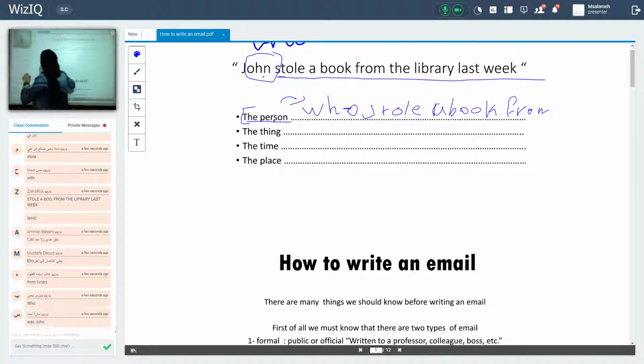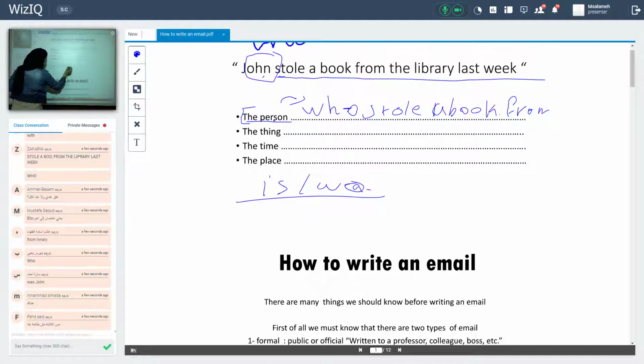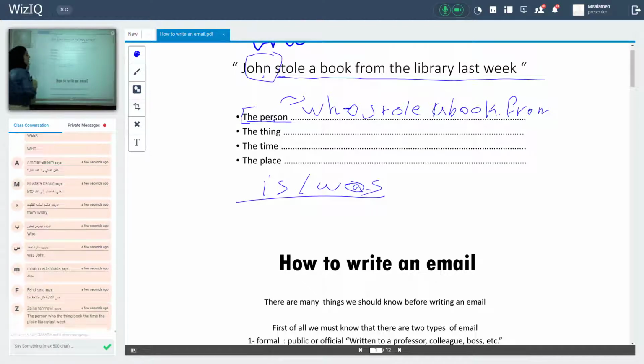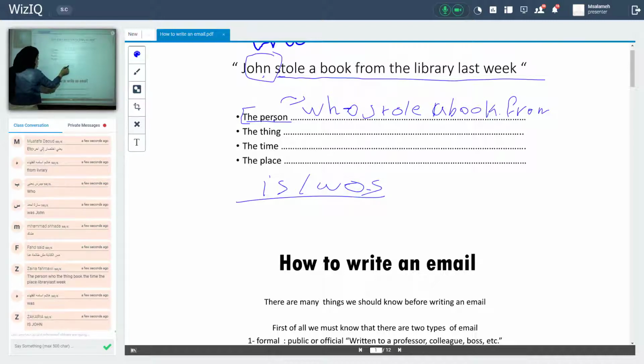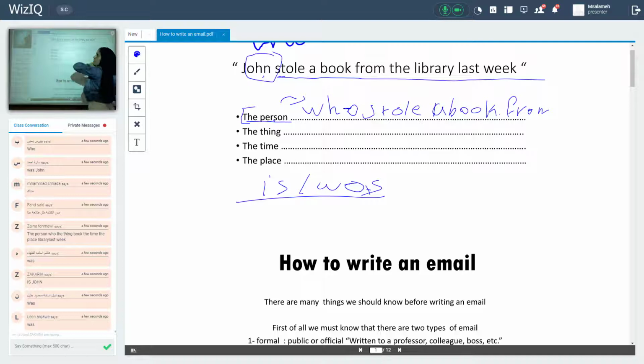Here, we should use is or was, according to the tense of my sentence.